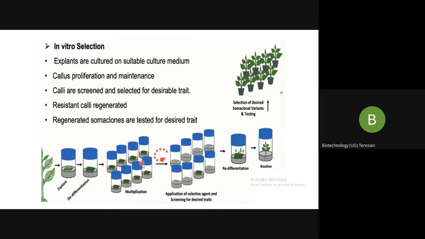So many I have multiplied, and I'm intentionally adding a pathogen to them. All the calluses have died because the pathogens have killed them, inhibited them. But one callus has survived. That is, it is able to withstand that pathogen.